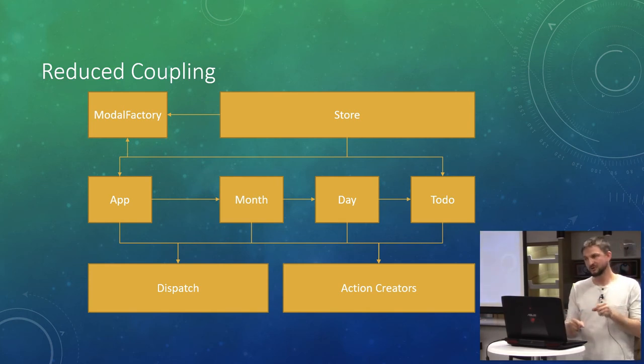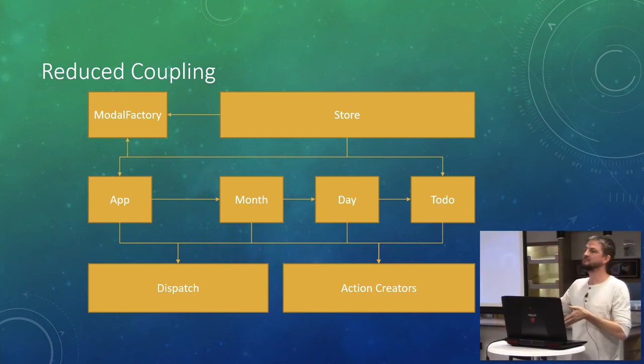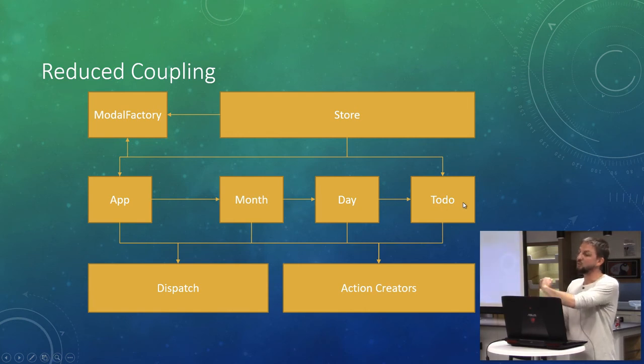Cool. So my favorite thing about Redux is that it reduces coupling. If you've ever built a React application with more than 10 components, and if you're familiar with how React wants you to hoist state up to components and then pass down methods to modify that state, you will know why this is gold. If I have a component at the bottom of my application, like the to-do component, in order to modify state in that component without Redux, I have to pass the function from the app to the month, to the day, to the to-do.